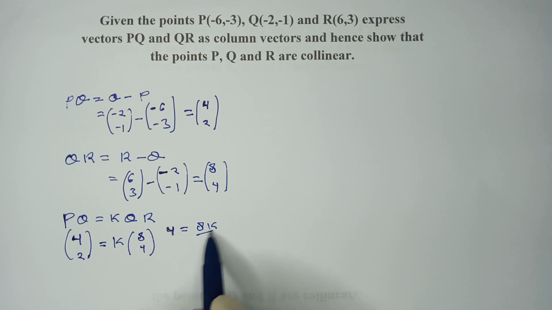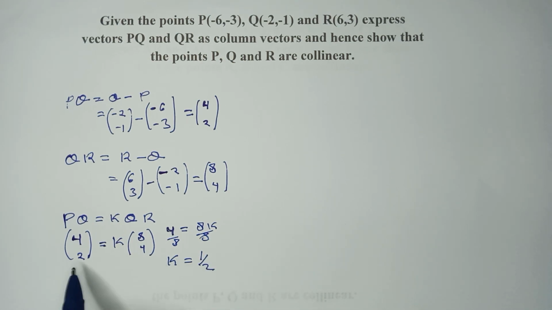To get K, divide both sides by 8, so K will be 1/2. Even if you take the lower values, 2 equals 4K, you will still get K equals 1/2.